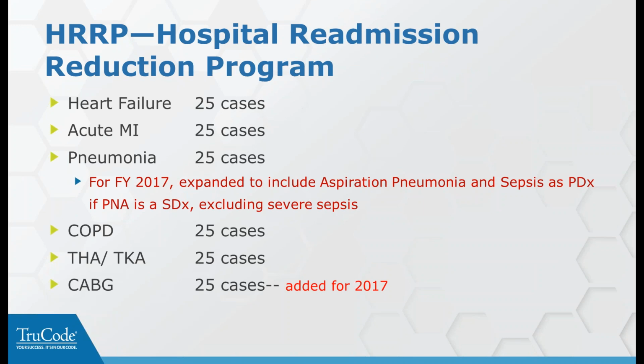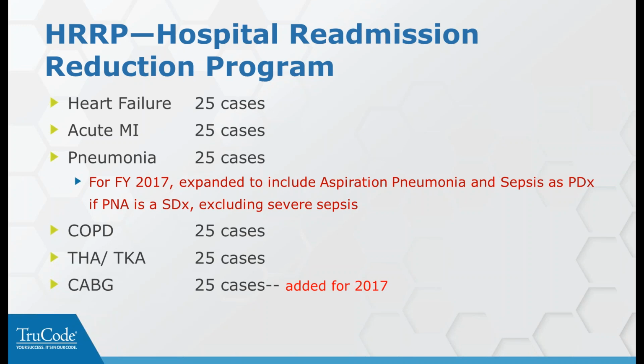The hospital readmission reduction program has been focused for quite a while, of course, on heart failure, acute MI, and pneumonia. You can see on the slide that for fiscal year 2017, they've expanded the pneumonia category to include aspiration pneumonia and also sepsis as a principal diagnosis when the underlying cause of the sepsis was pneumonia.